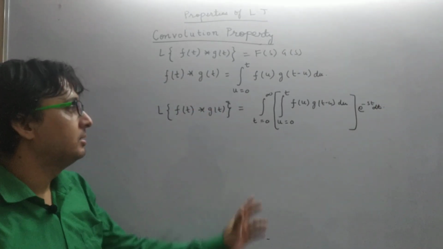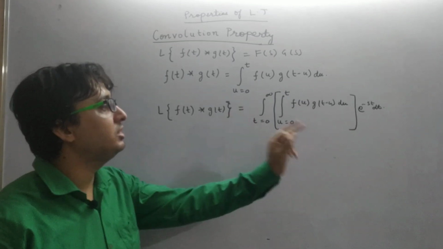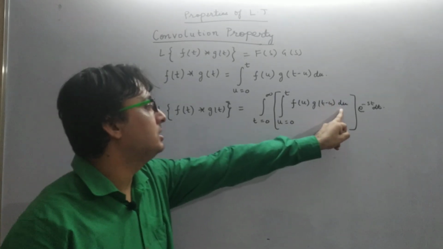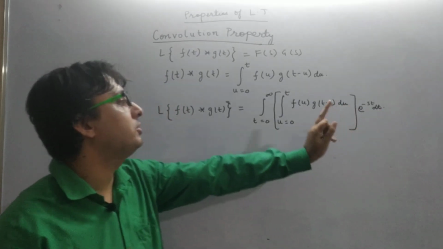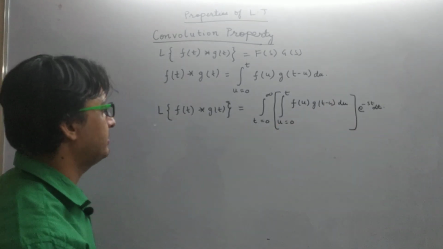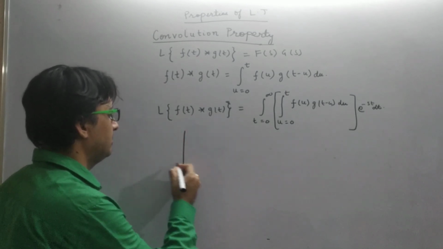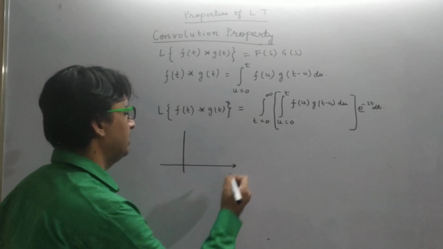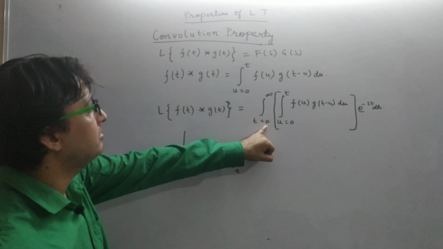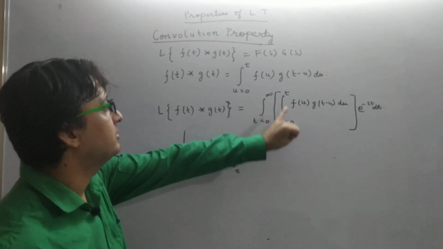Alright, now from here onwards we are going to change the order of integration. Our order of integration is du dt, and now we are going to change it to dt du. How do we do that? We just try to see the picture. Here t runs from 0 to infinity and u runs from 0 to t.